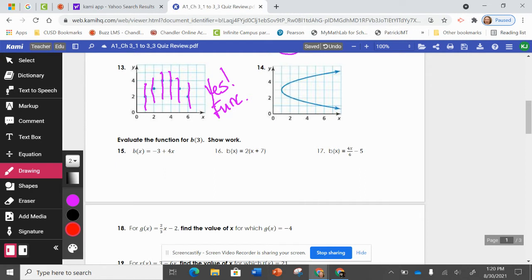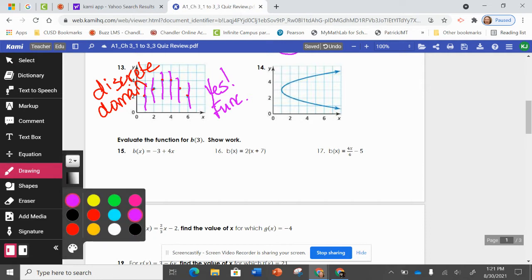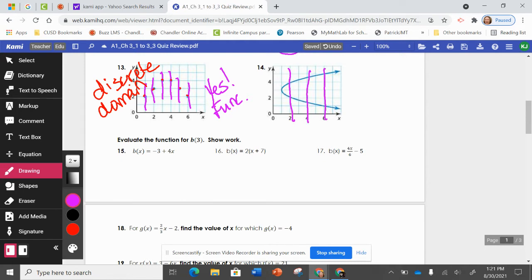And on a side note, this would be a discrete domain because we have just single dots. There's no line. So that means we can only have specific numbers. And again, I know it didn't ask that, but still, just to review. Number 14. Well, I pick a few different spots here for that vertical line test, and it touches the line that's graphed more than one time.